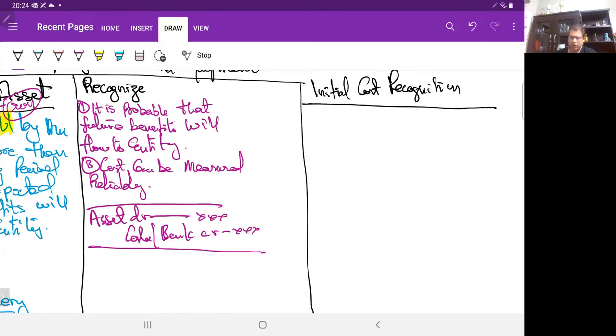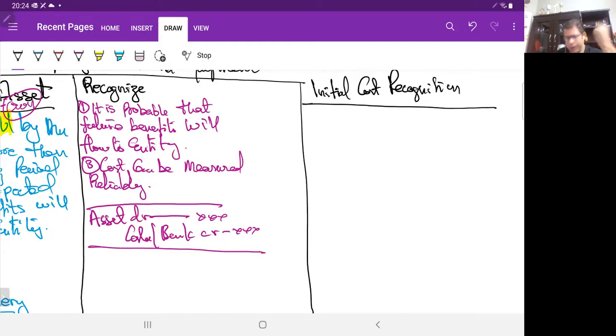The question is which costs can be initially recognized in the cost of the asset. So, initial cost recognition and the costs of the asset which can be capitalized. Number one, it can be list price.